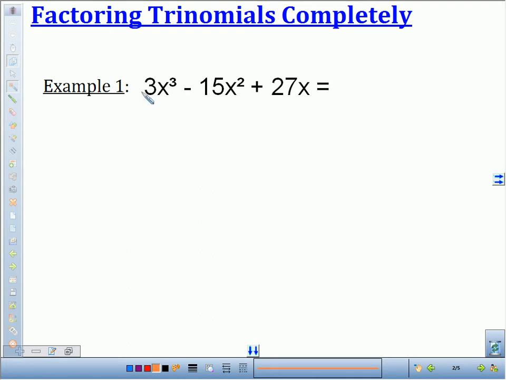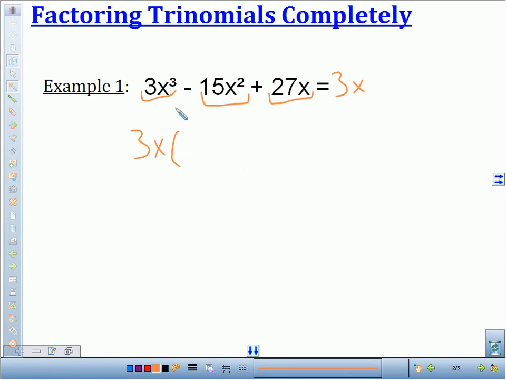So I look at 3x to the third, 15x squared, and 27x. Now all three of these terms, as we saw when we did factoring with greatest common factors, share 3x. So 3x is going to be part of my answer. Just like I did when we did GCFs, I put the 3x out front of some parentheses, and inside the parentheses I will put the results of dividing each term by 3x.